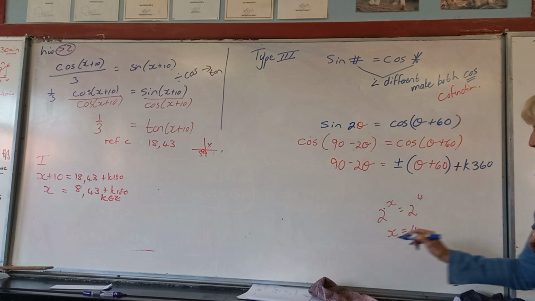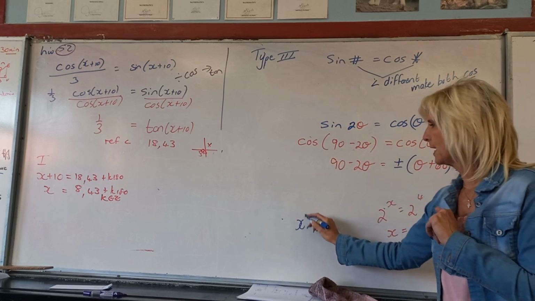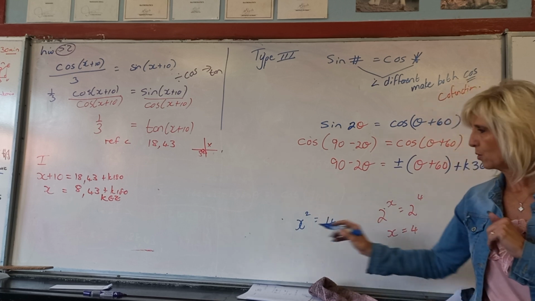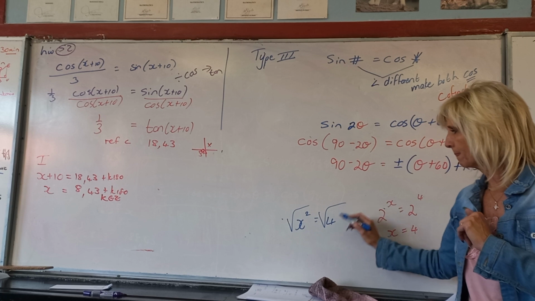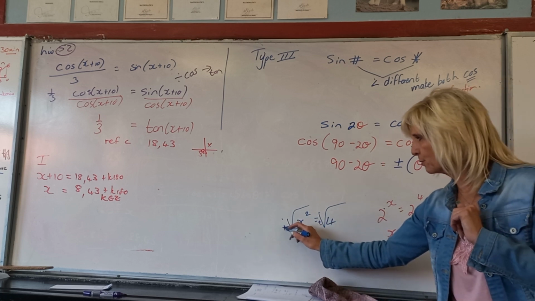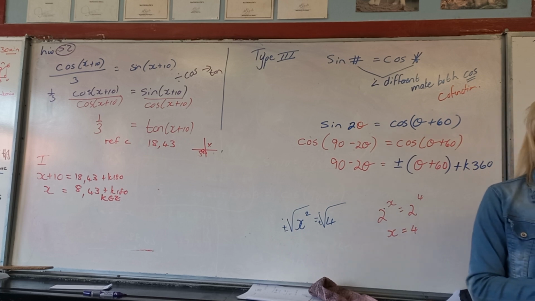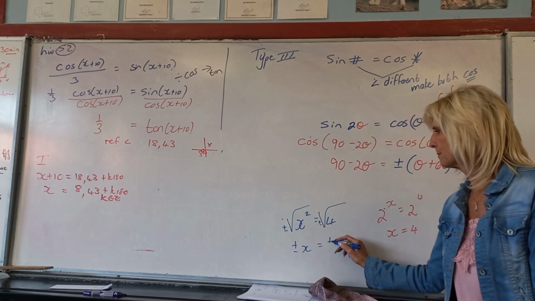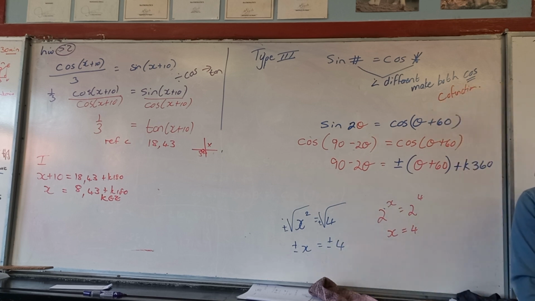But remember in algebra when we did something like x squared is 4 and I said, okay, well then square root both sides. What did you have to remember? To put the plus minus. But I also showed you, you should actually put it on both sides. But it's a waste of time, because you're going to say plus minus x is equal to plus minus 4. How many answers are there? Not 4.